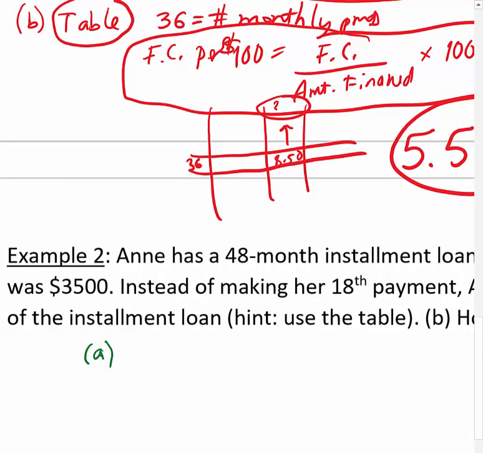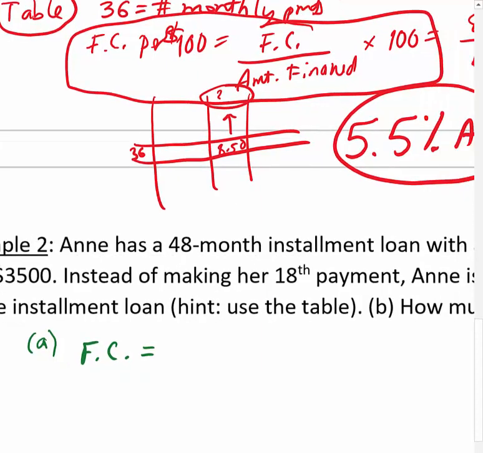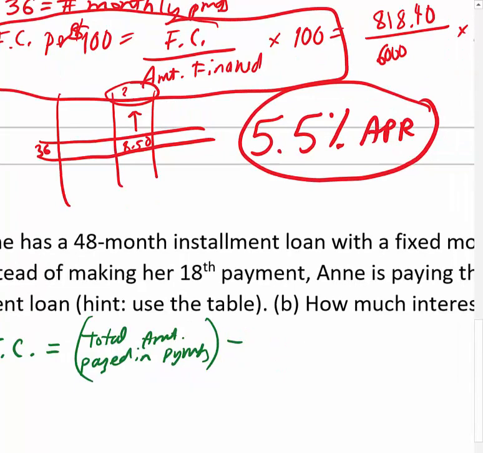But first, part A, I think what we need to do is find the finance charge first, like we did in the previous problem. So it's going to be the total amount paid in payments minus the amount financed or the principal, whatever you want to call it.